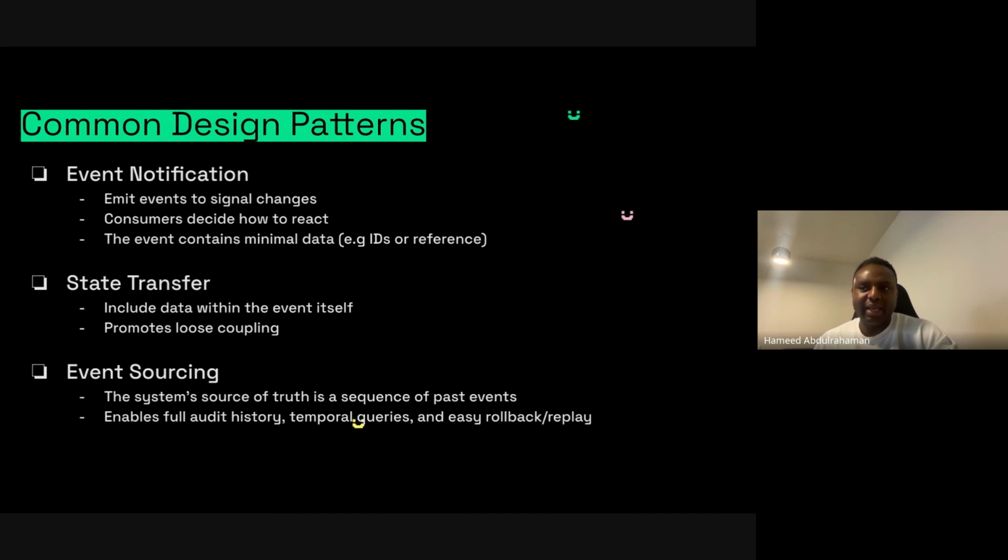Then you can say it's a state transfer kind of event design pattern. It promotes decoupling these services because you have data that has been shared across all of them, not just the context, which would probably just be the ID. So it's very good to have this state transfer pattern when you are dealing with more data that has to be synced across the entire application.